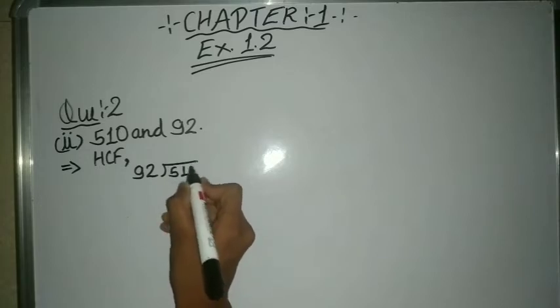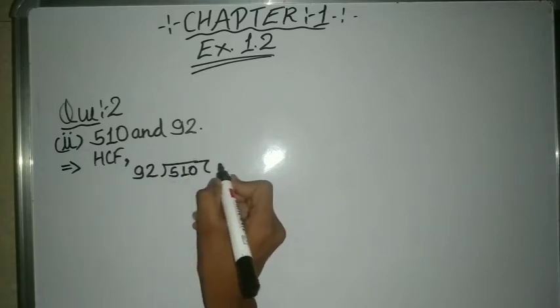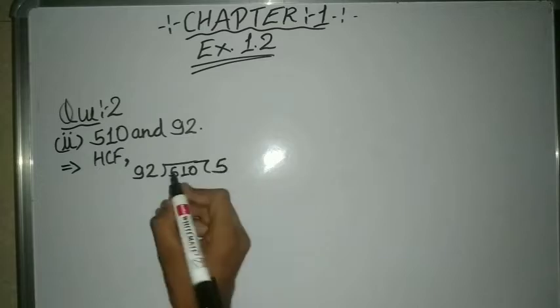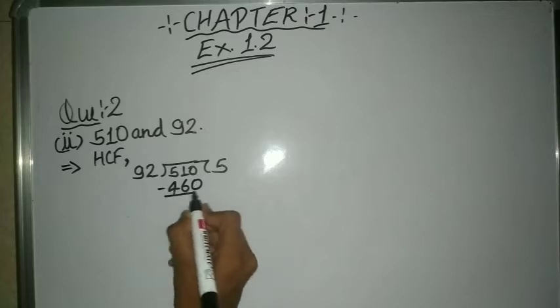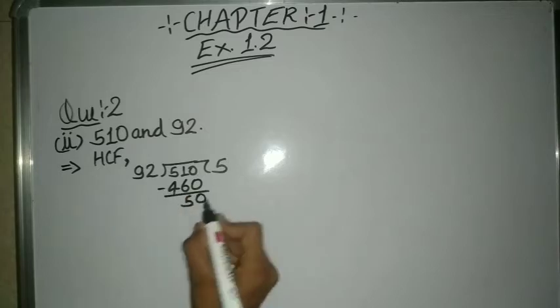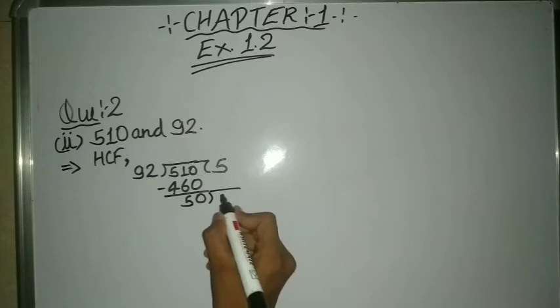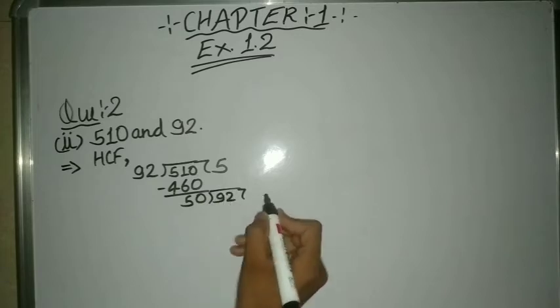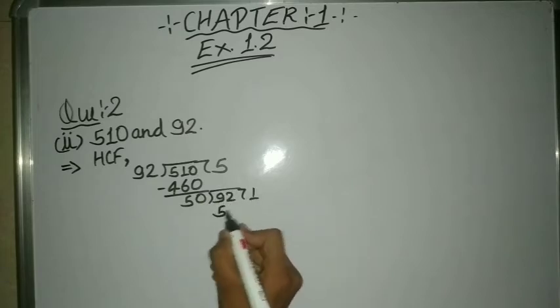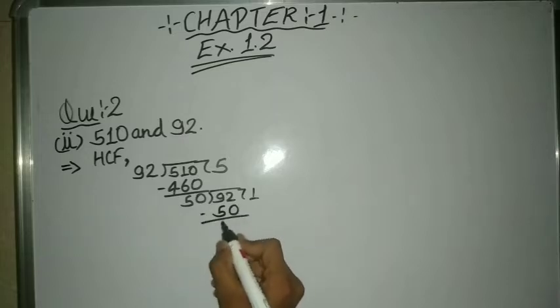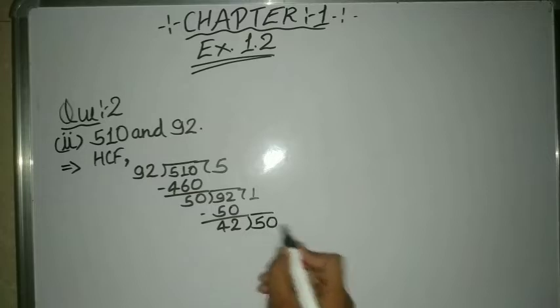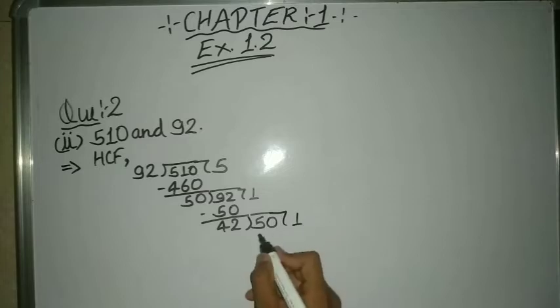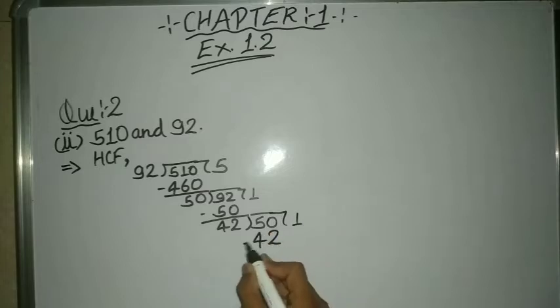First of all we divide 510 by 92, so it goes 5 times, and the product becomes 460. When we subtract it, it becomes 50, and now we divide 92 by 50, so the quotient becomes 1, and then we subtract it, so the remainder comes 42. Now we divide 50 by 42, so it goes 1 time, and the remainder is 8.